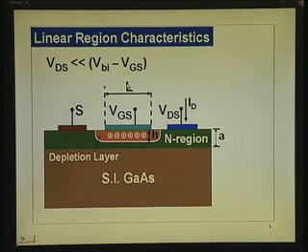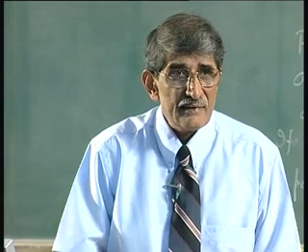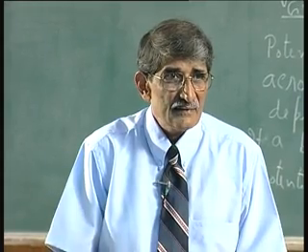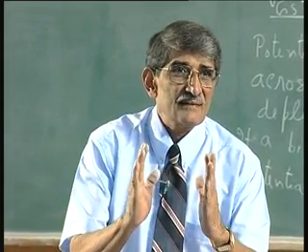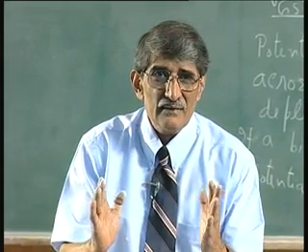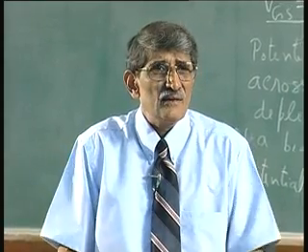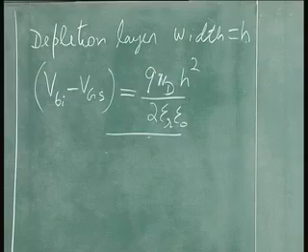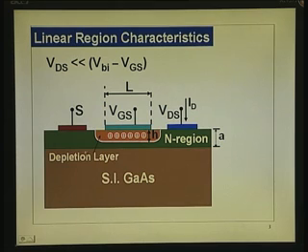The drain to source, in fact, when we say drain to source for the VDS, what we are considering is from this edge to this edge, that is the active region. When we write all the equations, when we say VDS, it is just across the channel length. We are not considering the drops beyond that point. That you can add as IR drop, because this portion thickness is not changing.